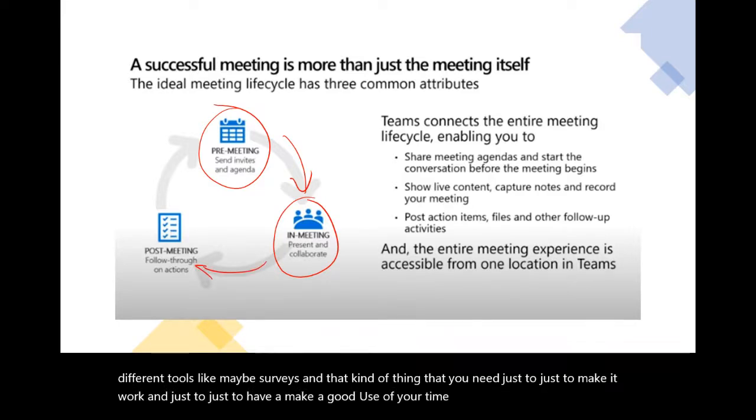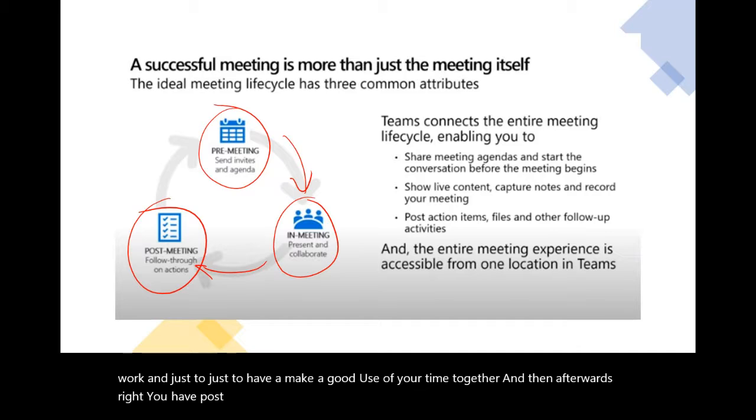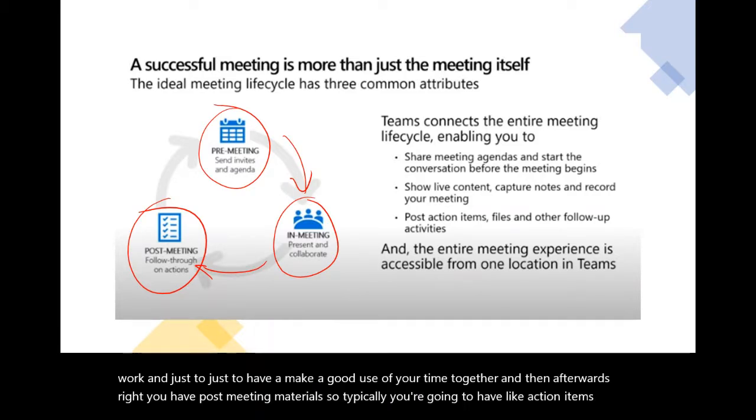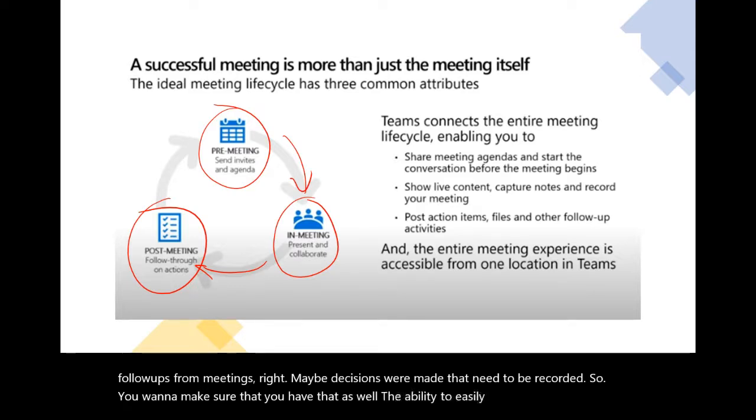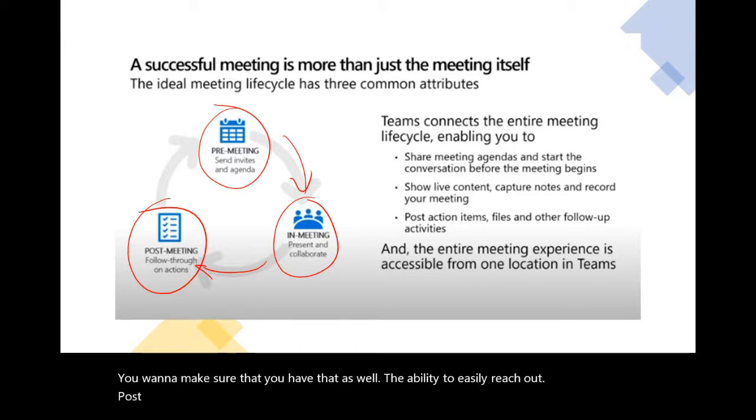And then afterwards, right, you have post-meeting materials. Typically you're going to have action items and follow-ups from meetings, right? Maybe decisions were made that need to be recorded. So you want to make sure that you have the ability to easily reach out post-meeting with any action items and anything that's going on.